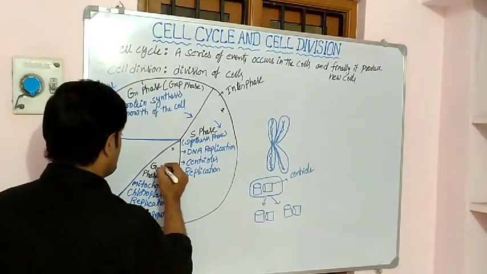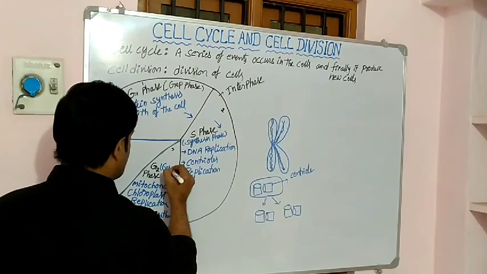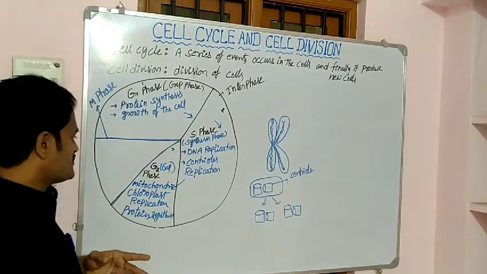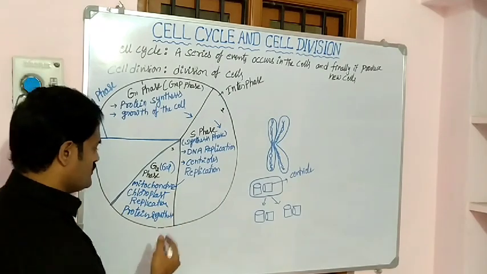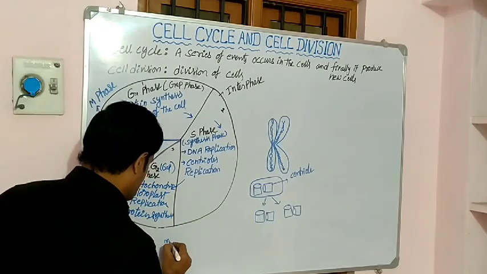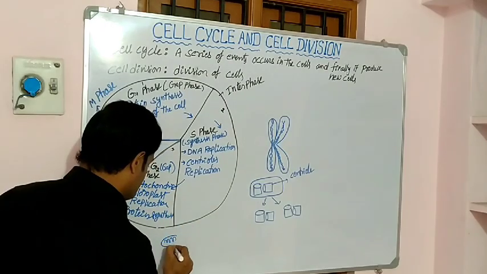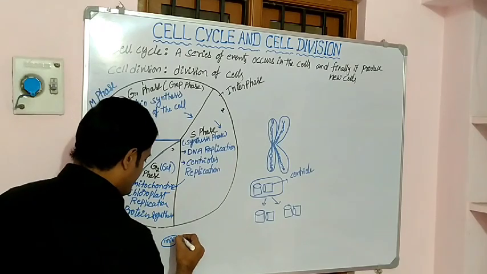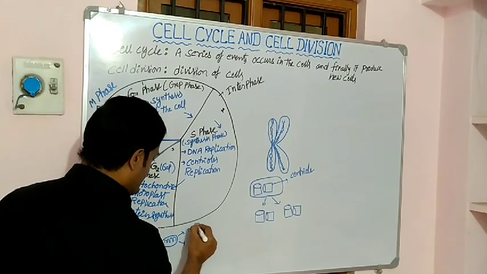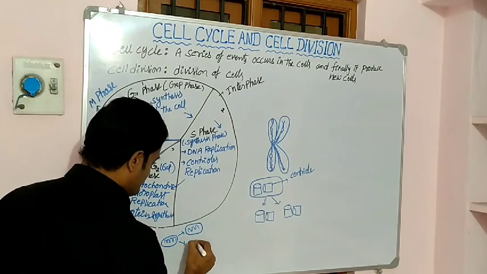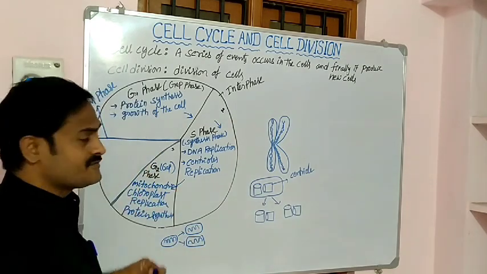This is also a gap. G means what? Gap. Okay. So the first change is mitochondria replication. You already know very well. See, the mitochondria present in the cell is able to divide into two daughter mitochondria like this. This process will occur in which phase?